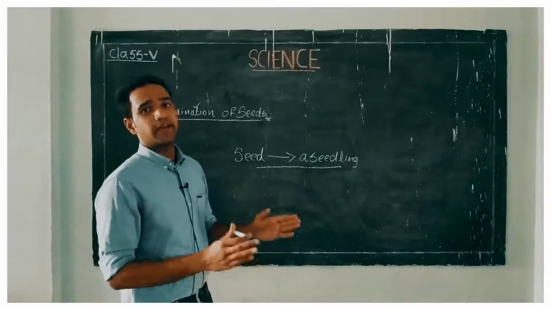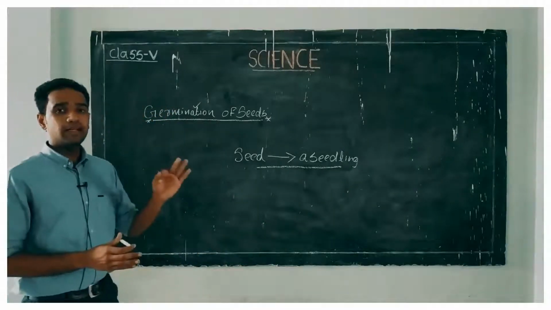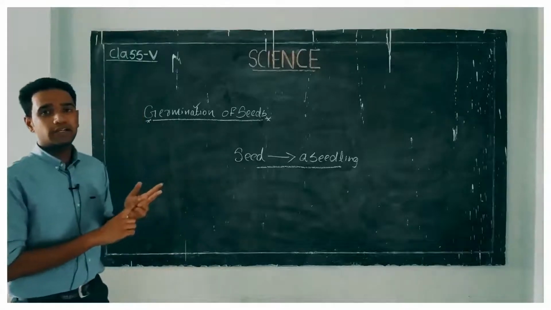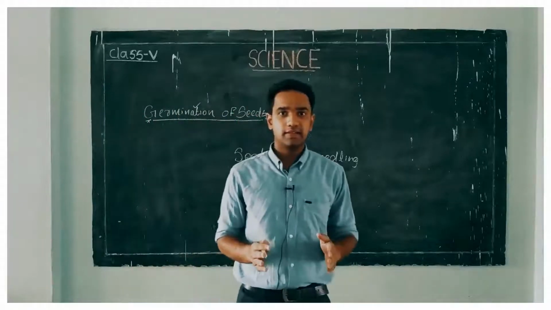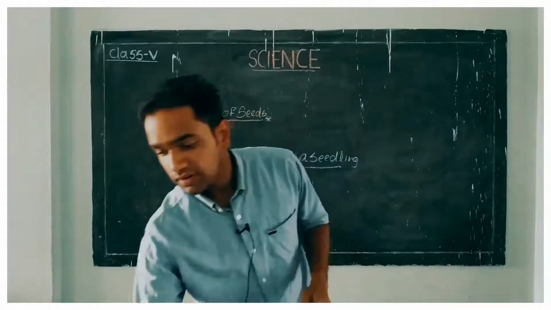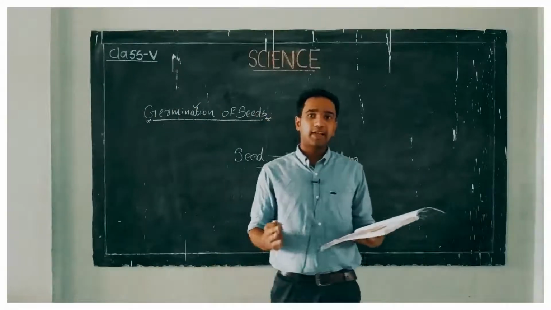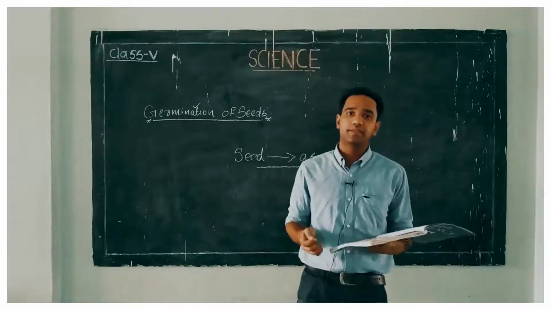There are three main factors necessary for germination: air, water, and sunlight. Is that clear? Yes. Now, let's do an activity to show that air, water, and sunlight are necessary for germination.